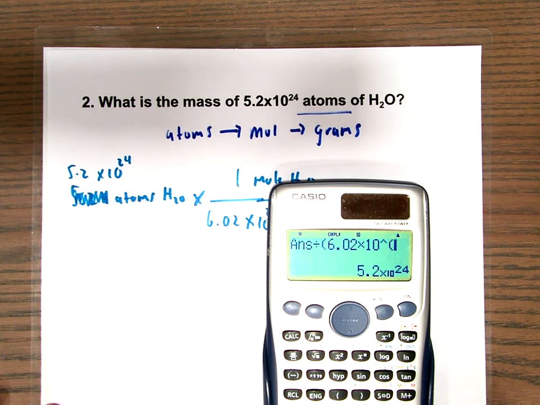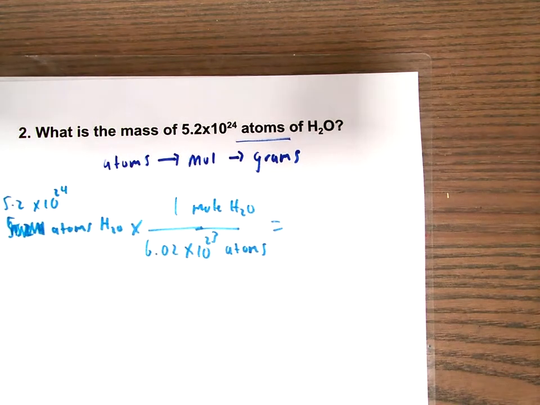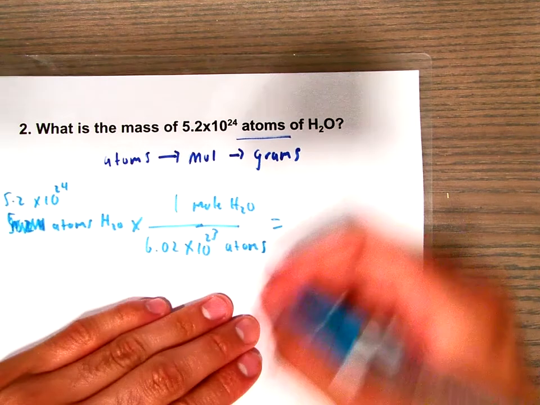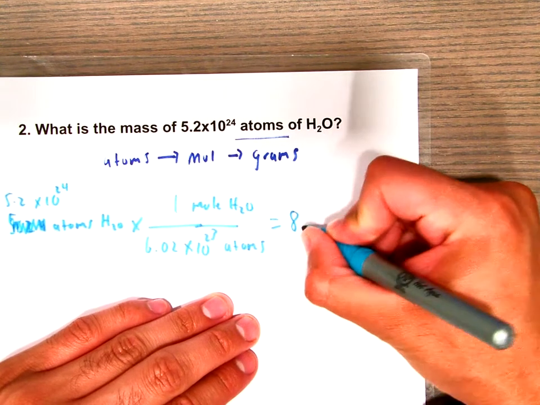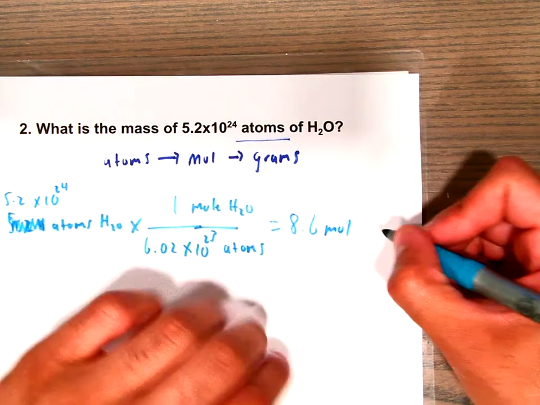So times 10 to the 23rd would give me 8.63. Okay, let me round to that first decimal, so we'll go 8.6. So I have 8.6 moles of H2O.